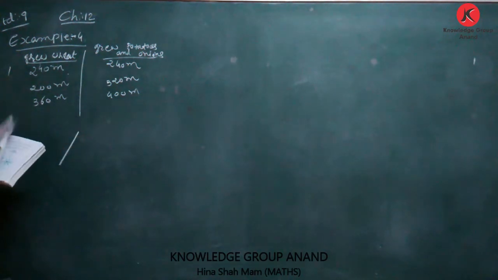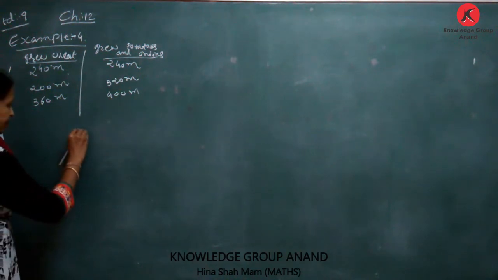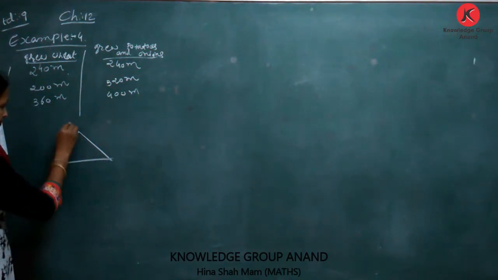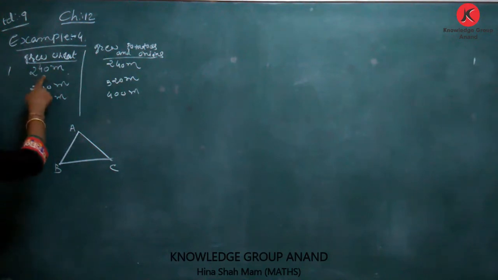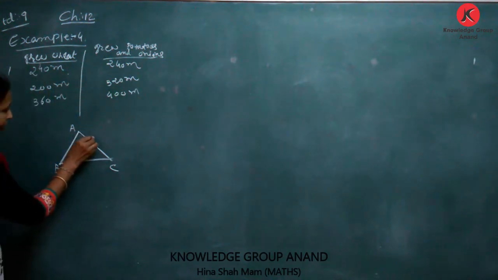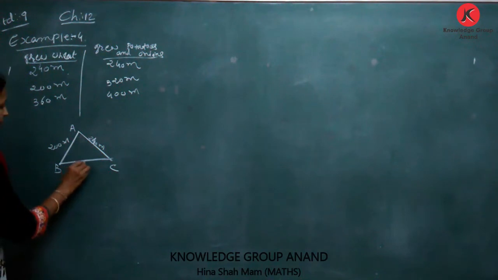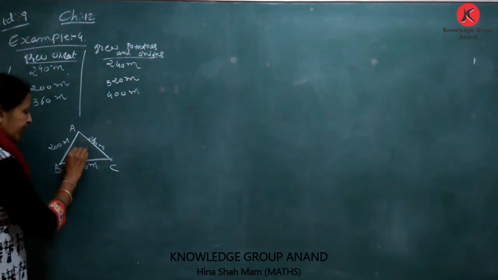See the figure. In triangular field A, B, C, I take here 240 meter, 200 meter and 360 meter. Here she grew wheat.